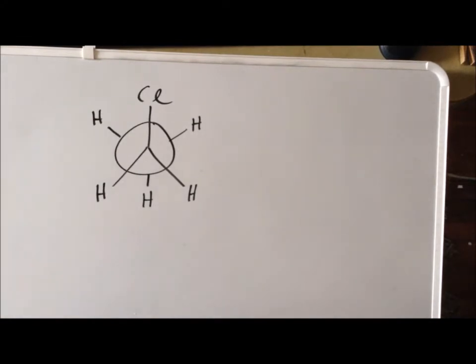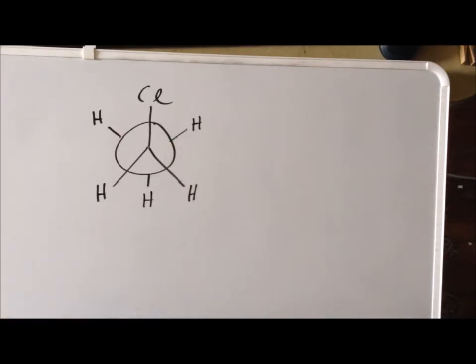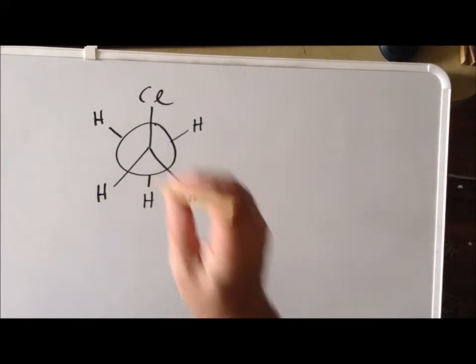So we want to look for our high order rotation axis, and typically we want to look down the carbon-carbon single bond. But we notice if I try to do a C3 here, it's going to take chlorine to hydrogen, so it doesn't work. We don't have a C3. And again, we don't have a C2 and those sort of things along that plane.